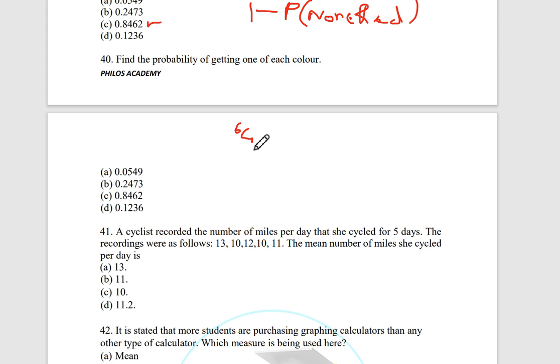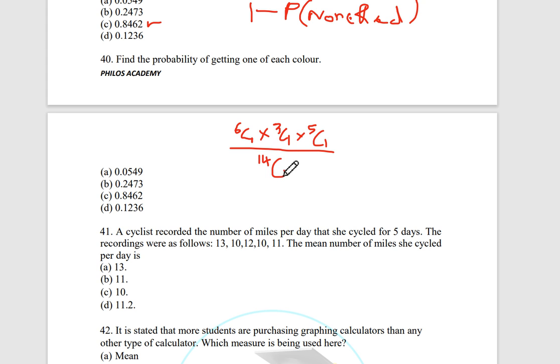There are 6 red, so 6 combination 1, and there are how many whites? We have 3 whites, isn't it? So 3 combination 1. They say 1 of each, times how many blue do we have? The last one, we have I think 5, right? So 5 combination 1, all divided by what? 14 combination 3.